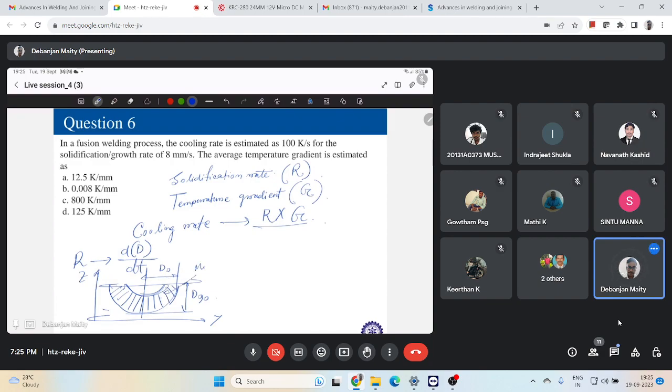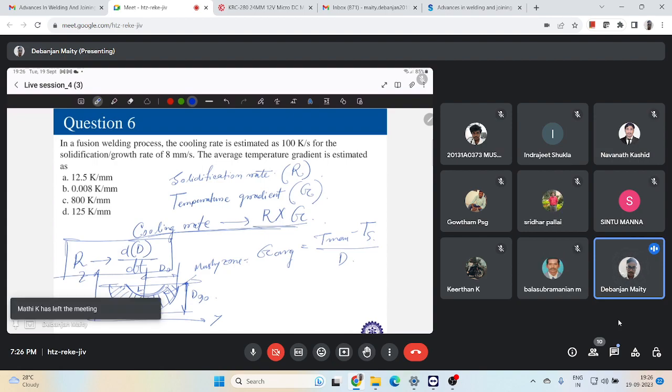This is my mushy zone, and this is liquid. The solidification rate is the differentiation of that, and your G average, the temperature gradient, will be T max minus the solidus temperature divided by the distance. So the cooling rate will be solidification rate times temperature gradient. Just give me a number.